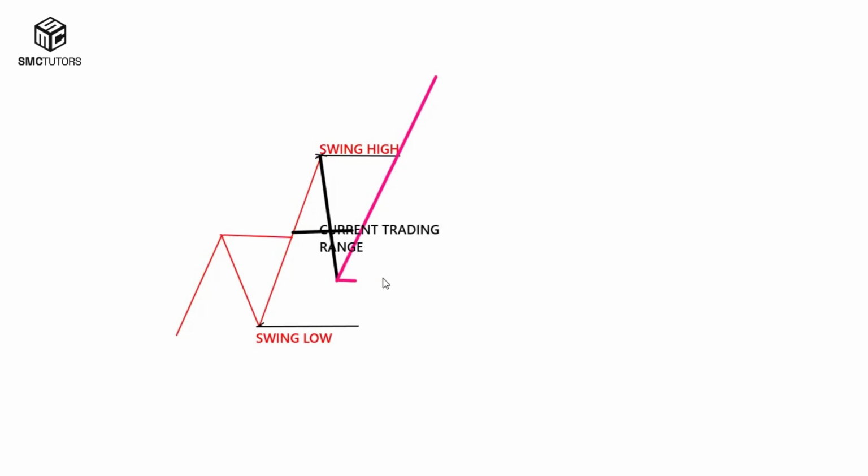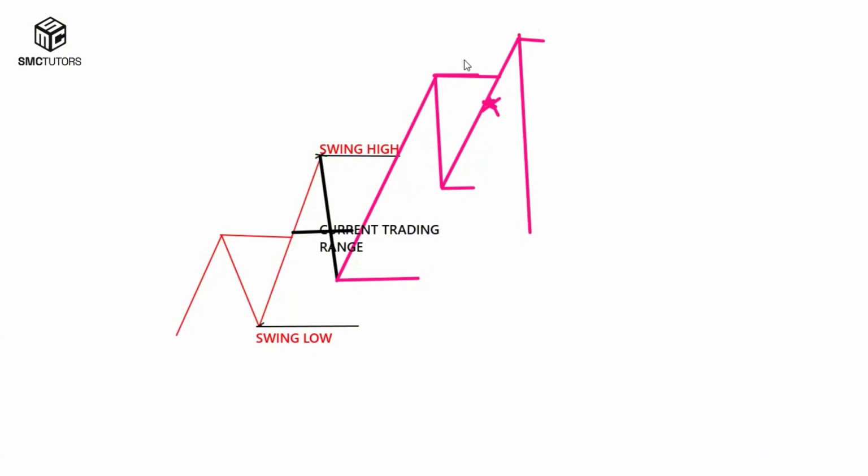We've now gotten a new swing low and a new swing high, giving us a new trading range, which will now be our focus area to look for a pullback and a continuation to the upside. This is our current battlefield where we will look for entries then to target either the previous high or the previous low.